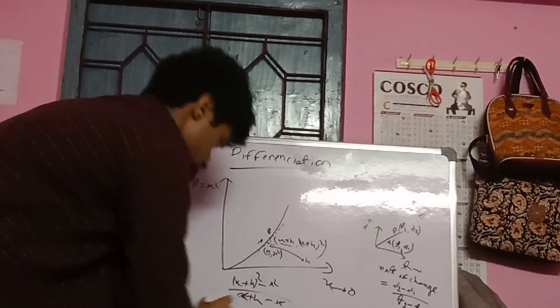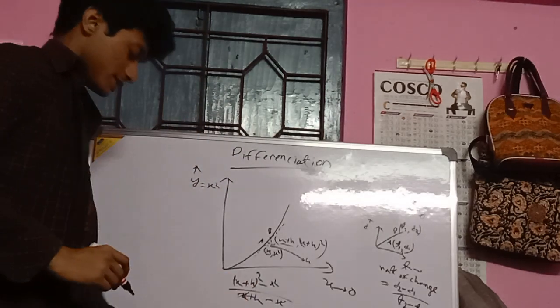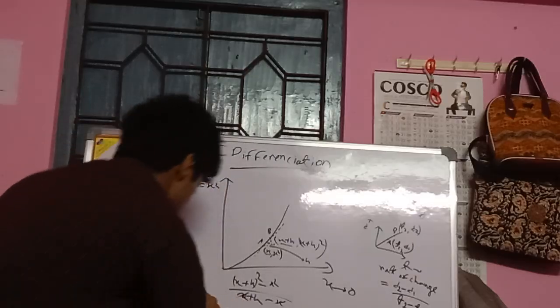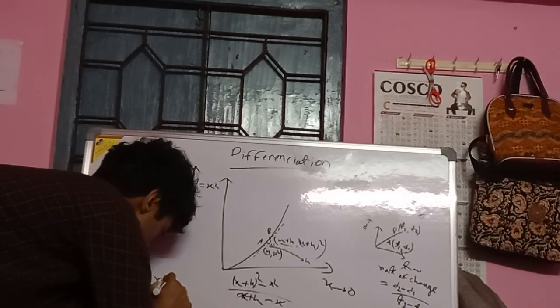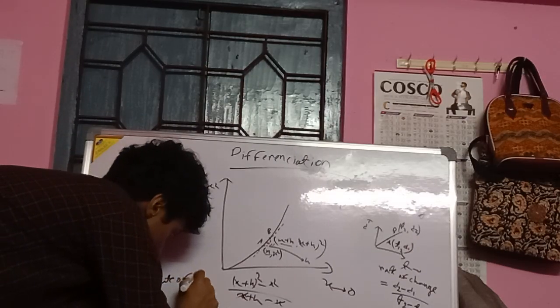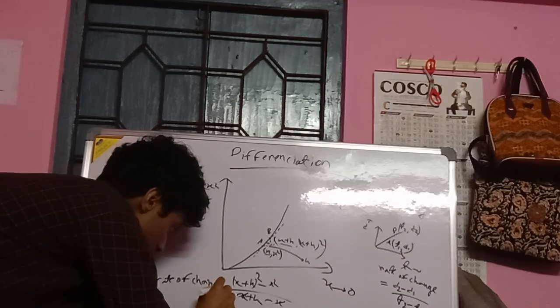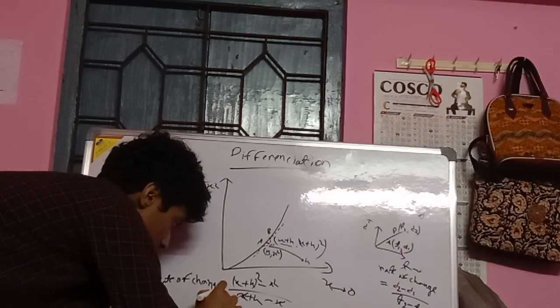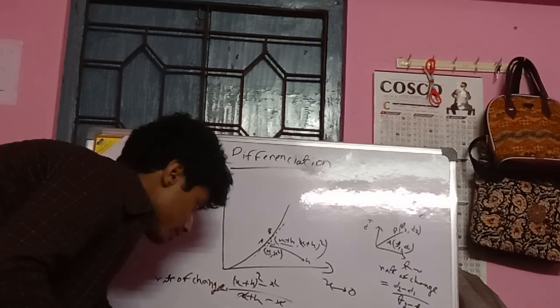So this x and x would cancel out. Rate of change, let me write it down here. Rate of change is this.